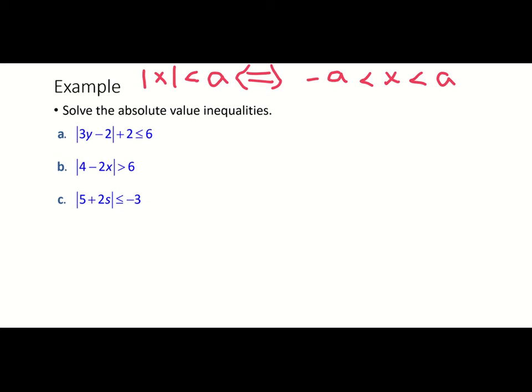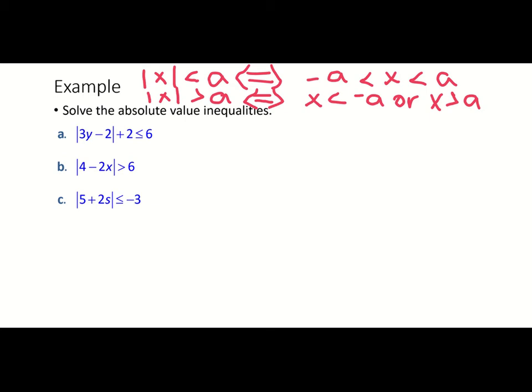Now, if your expression is the absolute value is greater than a, when you solve it, it is the same as doing x is less than the opposite of a, or x is greater than a. So with greater than, think greater, you have two problems that you create. Less than, you create one compound inequality, one problem to solve.